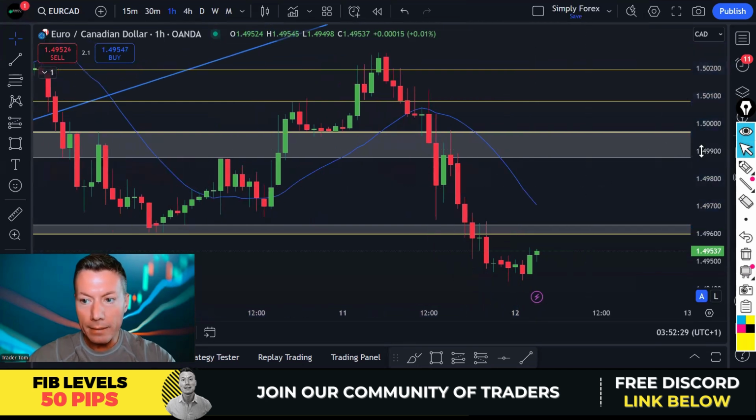But for me, I would have been worried if the following happened. This wick never broke, so this was the last high. Then this wick closed back below that wick, and we never actually broke out of these highs, these wick levels.